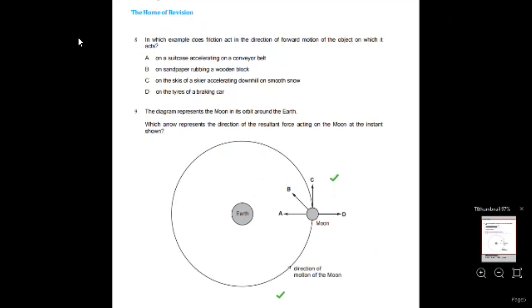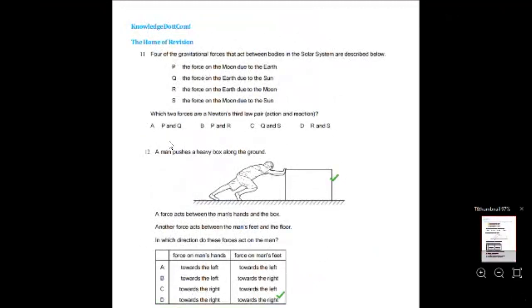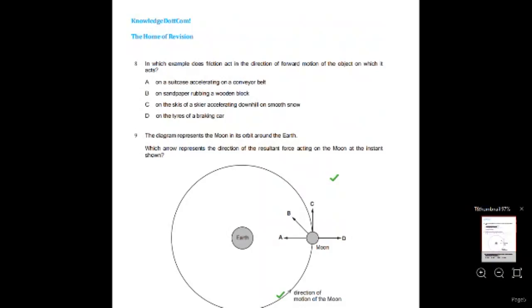On a suitcase accelerating on a conveyor belt, on the skis of a skier accelerating downhill on smooth snow, in these two cases the direction of friction and motion are always opposite.